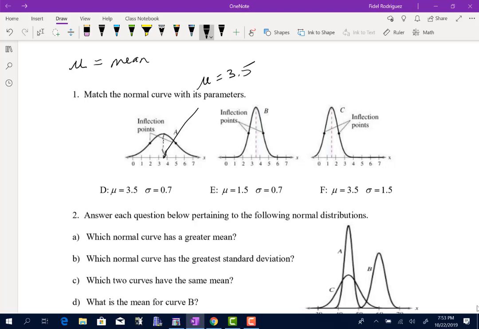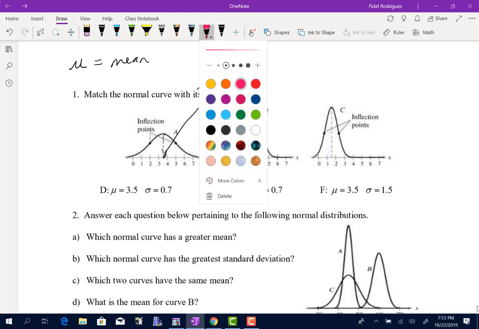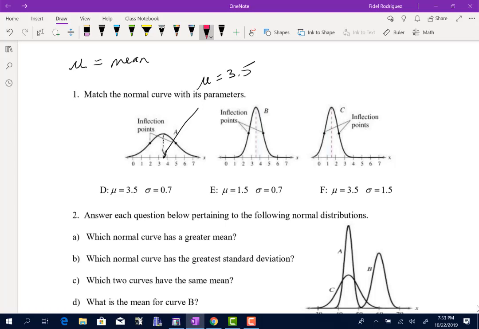Now, we want to find the standard deviation. So guys, the next thing I'm going to do is I'm going to come over here. And remember where that inflection point is? If I were to go straight down, the distance between this point here and this number here, that's going to be my sigma. That's going to be my standard deviation. So what number did we end up with right here? 5.